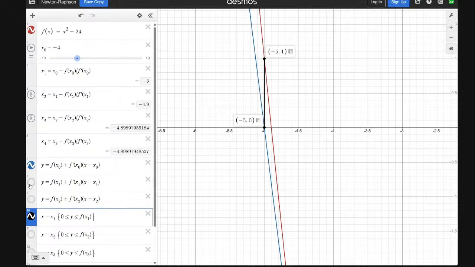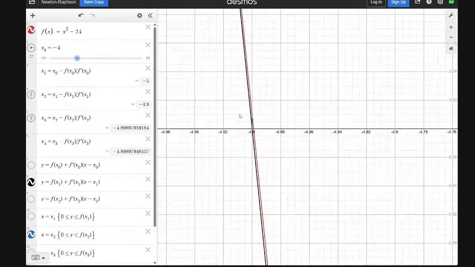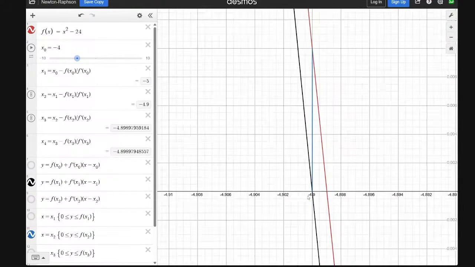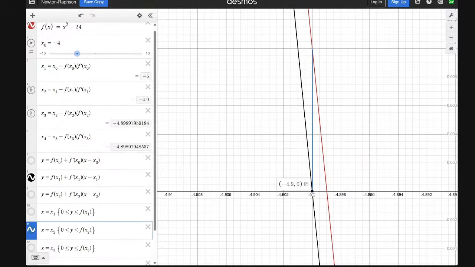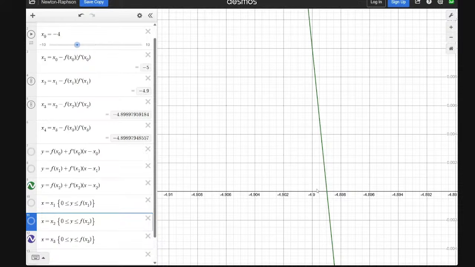Now we will be drawing the tangent to the curve at the point minus 5 comma 1 and observe where this meets the x-axis. Just like the previous case, the black line here represents the tangent line, the red curve represents our function. So clearly this tangent line meets the x-axis at x equal to minus 4.9. And the line x equal to minus 4.9 meets our curve at the point minus 4.9 comma 0.01. Now we will again be drawing a tangent at this point minus 4.9 comma 0.01 and observe where this meets the x-axis.